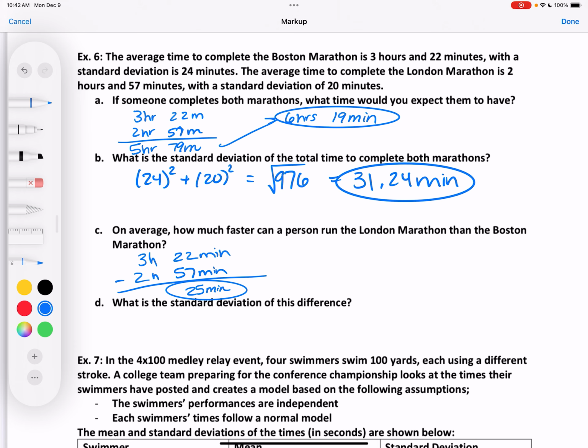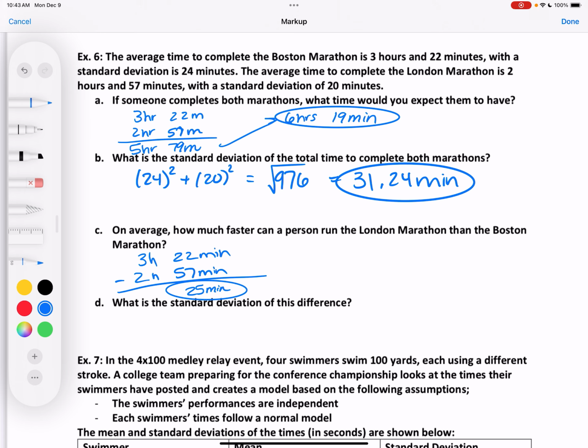It's fine. All right, what is the standard deviation of this difference? So it's actually going to end up being the same because we don't subtract, we always add, and so we're adding variances, and that's because everything's getting squared. So it's going to end up being the exact same.